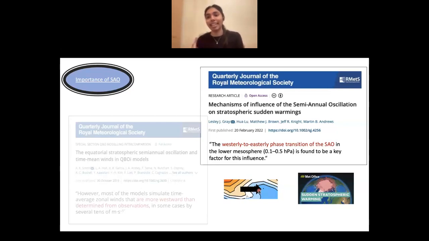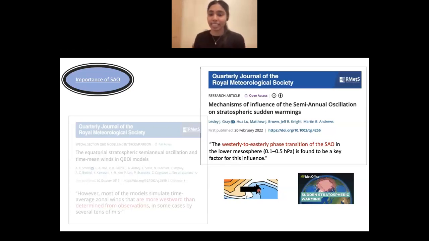And as you all know, sudden stratospheric warming prediction is important because it can affect the surface weather. And so if we get this transition timing of the westerly to easterly of the SAO correct, then only we can accurately predict the timing of the sudden stratospheric warmings. So that's why I am interested in this.